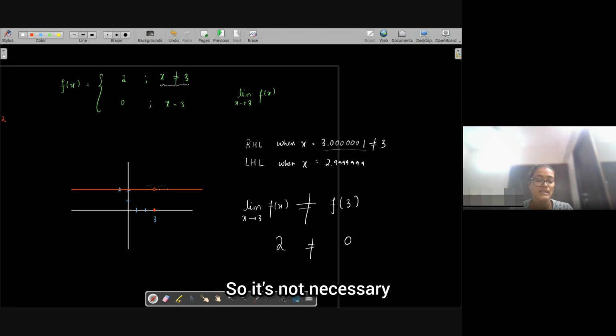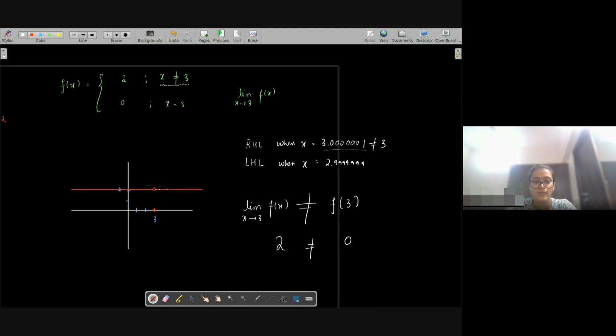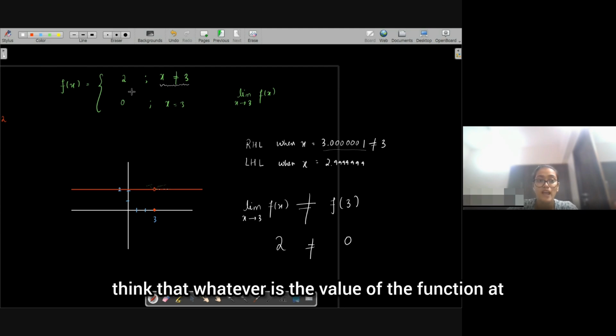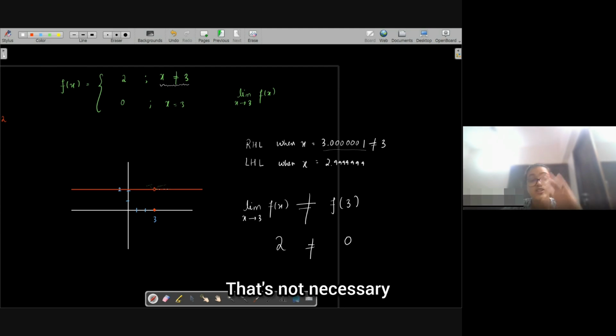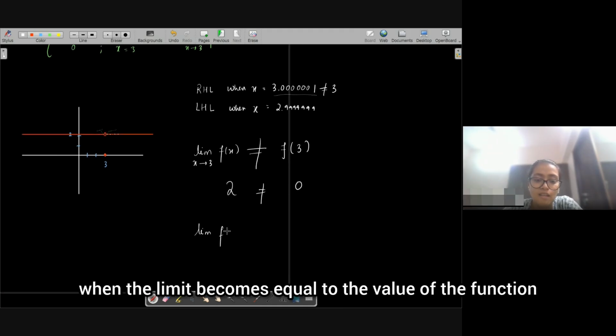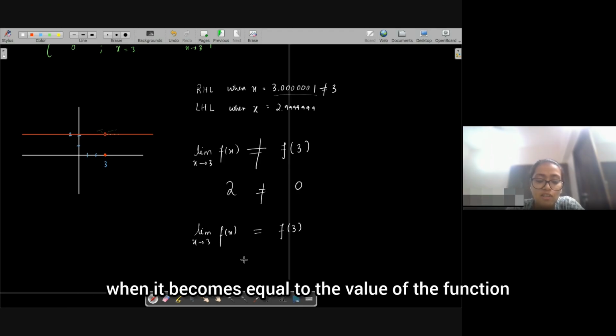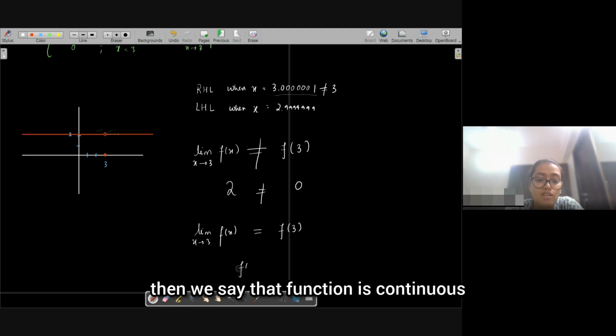So it's not necessary that the value of a function will be equal to the limit of the function at the same x point. Some students think that whatever is the value of the function at that point will be the limit. That's not necessary. It can happen in some cases. And when the limit becomes equal to the value of the function, then we say that the function is continuous.